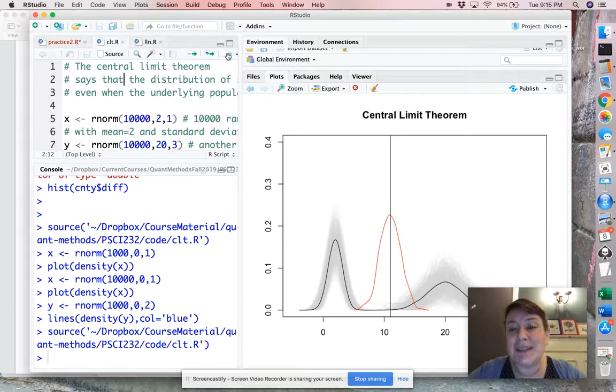The central limit theorem tells us that no matter what the distribution of the underlying population, if we take a bunch of random samples, and by the way, the random samples are what's shown in the ghostly gray there, if we take a bunch of random samples and we record the mean of each of those samples, the distribution of those means is going to be a normal curve with the same mean as the underlying population.